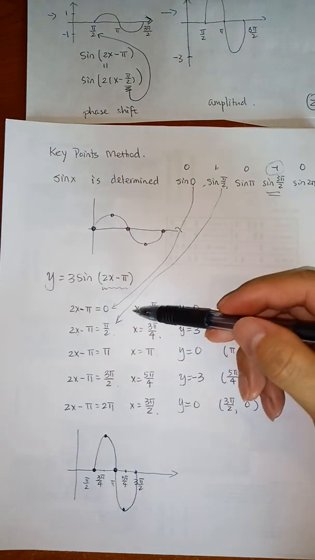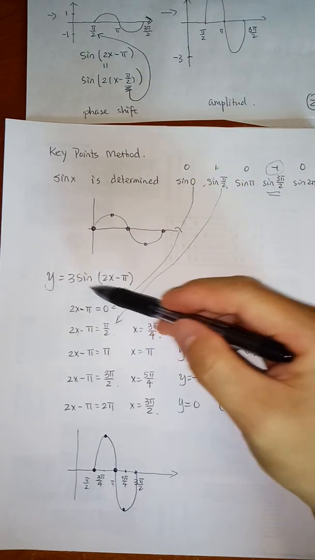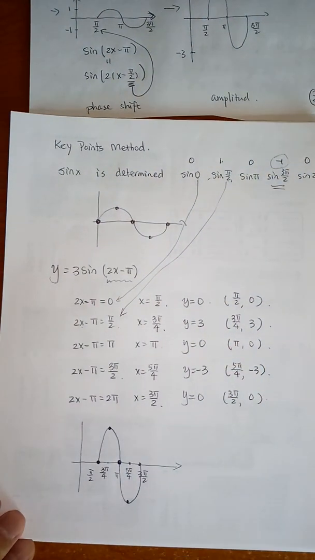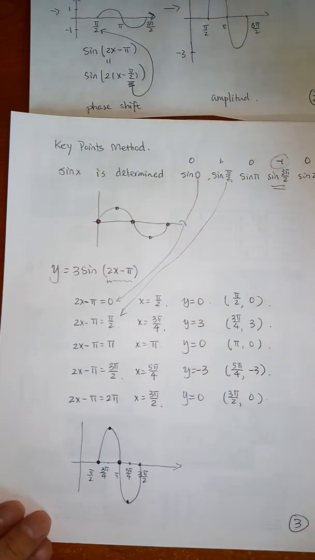You find the corresponding x value and y value, you determine the point, and you use a wave function to graph it. So that's the second method to graph y equal to a times sine omega x minus phi.